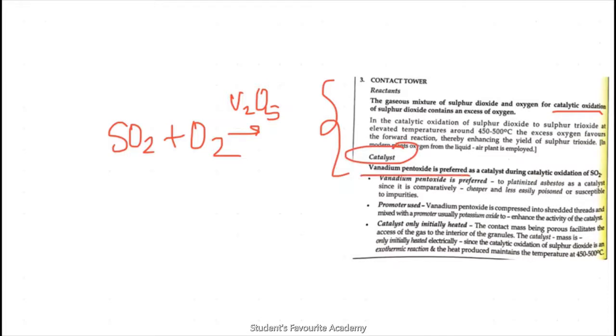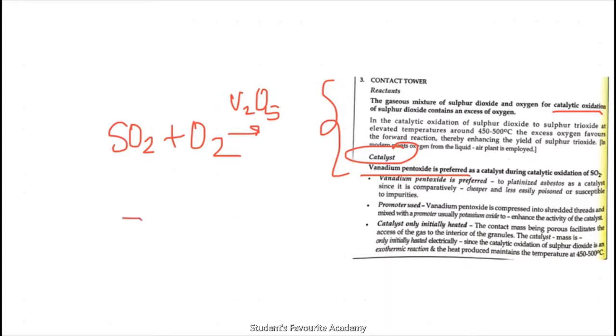Vanadium pentoxide is preferred as a catalyst, and you must know the reason why vanadium pentoxide is preferred. There is another catalyst, that is called asbestos, children. But then why do we prefer vanadium pentoxide?